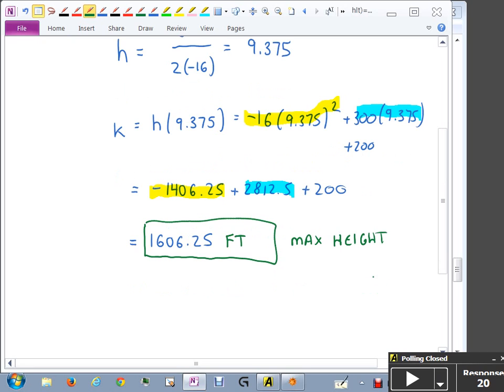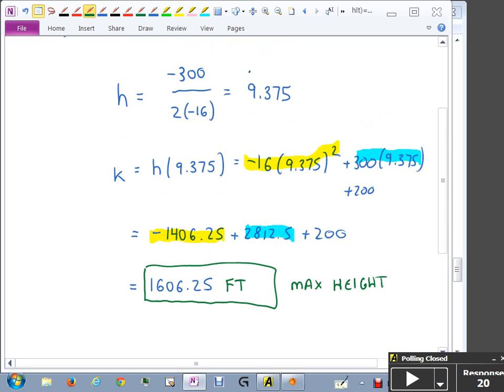Part B says, when does it reach its maximum height? That's the 9.375, and that's going to be measured in seconds. And then we're done with part A and B.